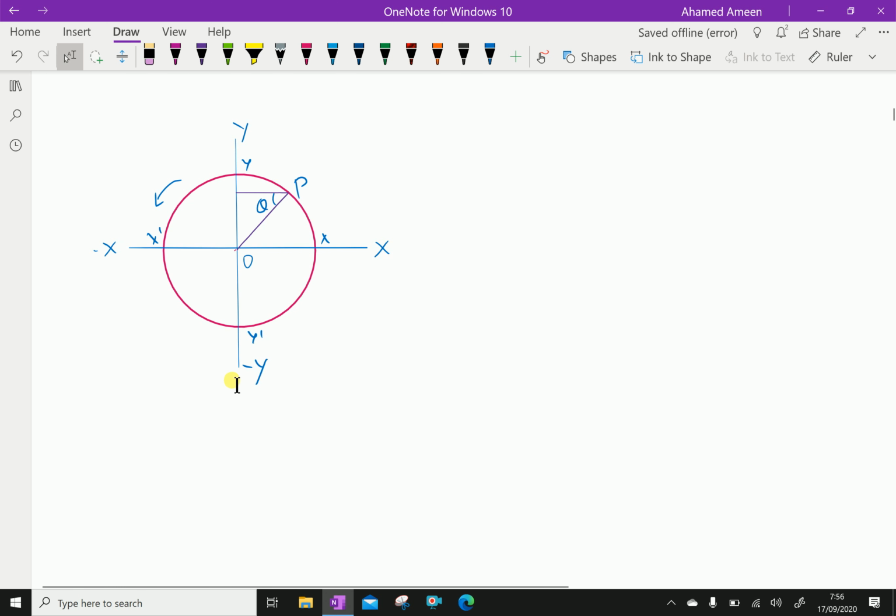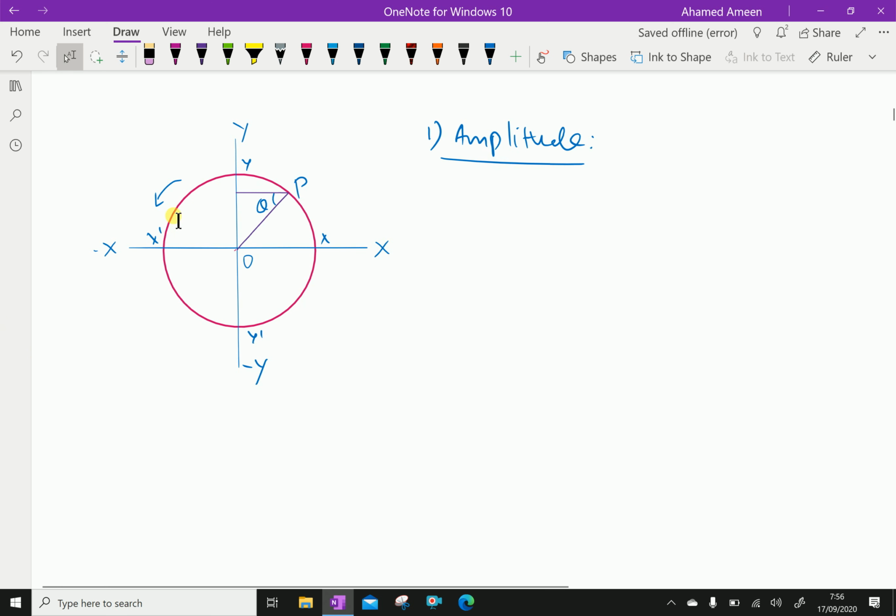Now we'll explain some important terms regarding simple harmonic motion. First, amplitude. It is the maximum displacement of your body from its mean position.